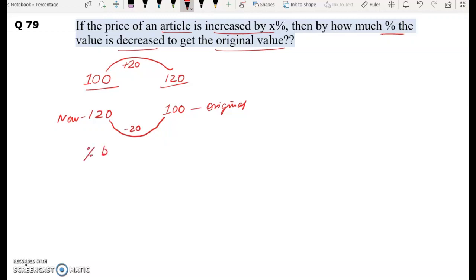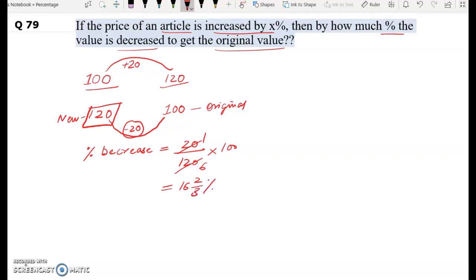So percentage decrease will be decrease upon, this is decreased, and this much is decreased on which amount? This amount. 20 upon 120 into 100. Now 1 by 6 we know it's 16.2 by 3%. So percentage decrease is 16.2 by 3%.